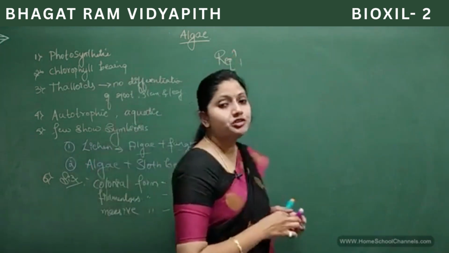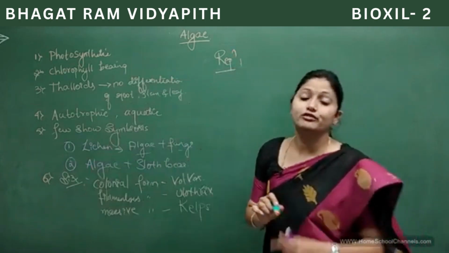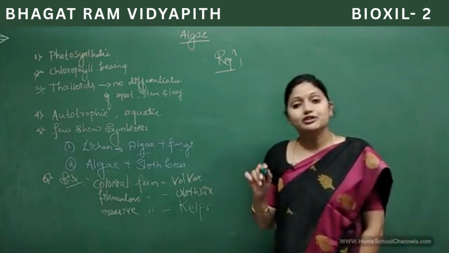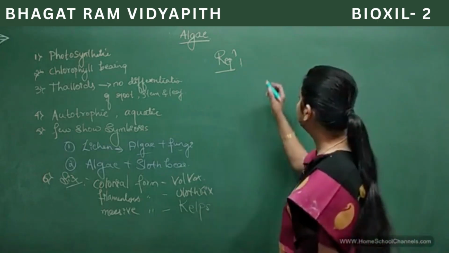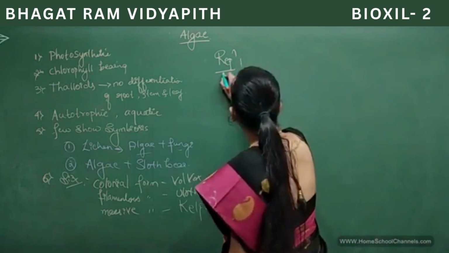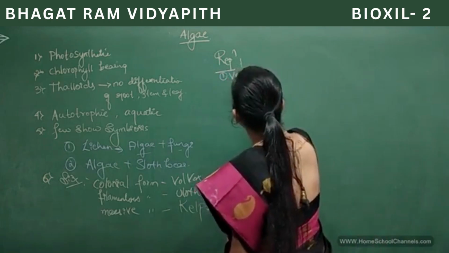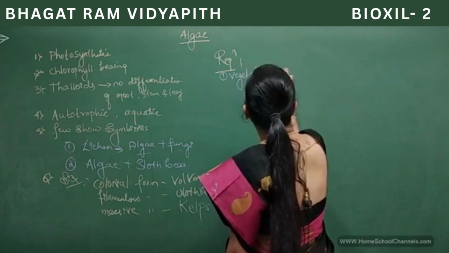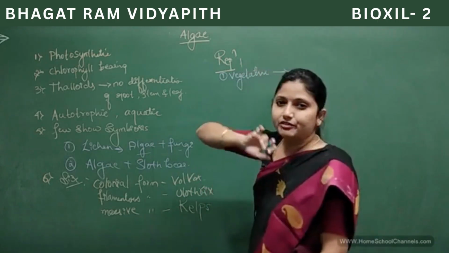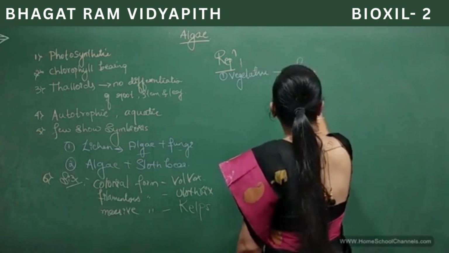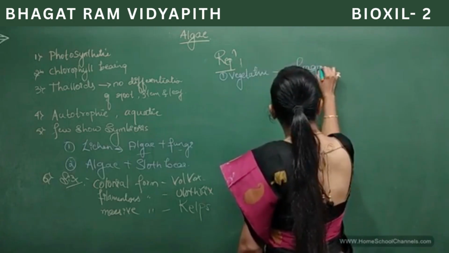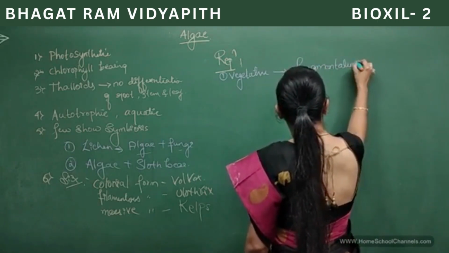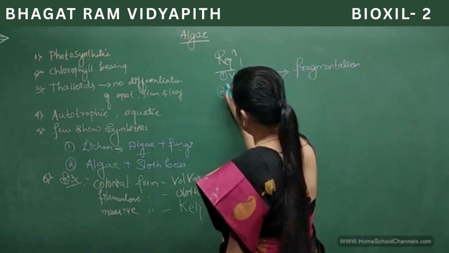Moving on to reproduction. Here again we can see different modes of reproduction. Firstly, the vegetative mode of reproduction. Vegetative reproduction is by fragmentation.